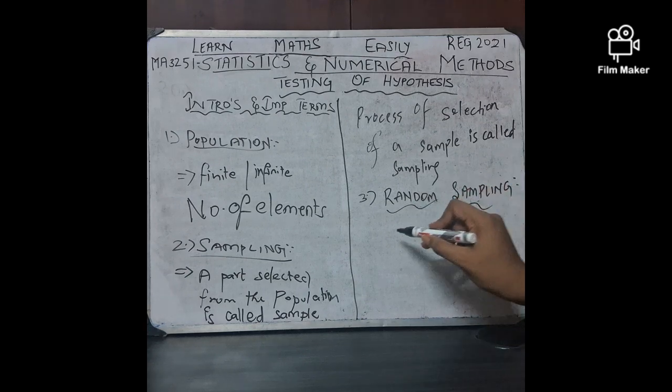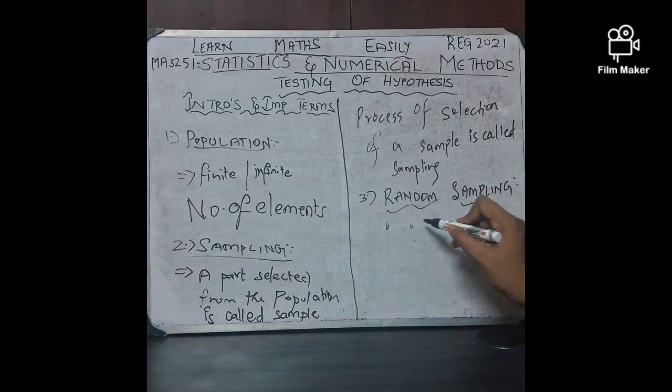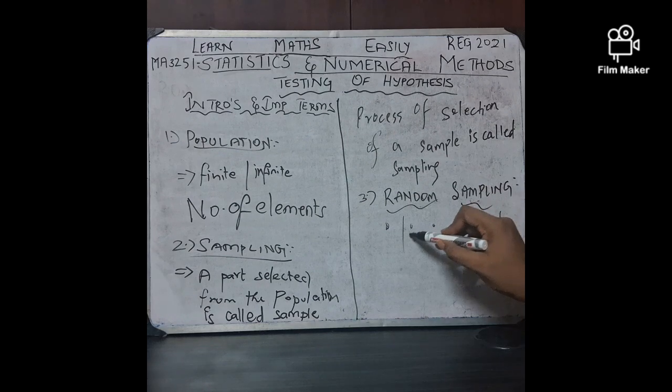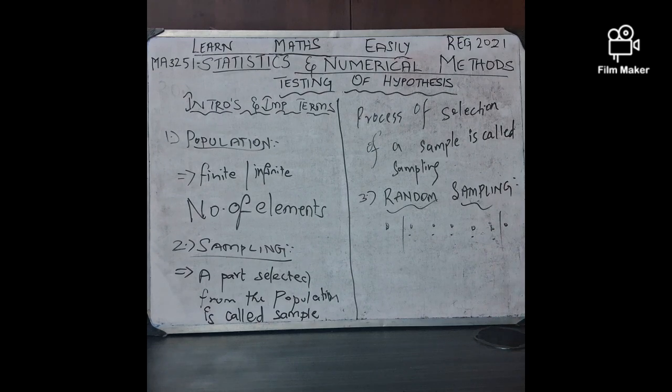It is nothing but the probability of equal chance for all of them. Each member of the population has an equal chance to be included in it. That is what random sampling is all about.